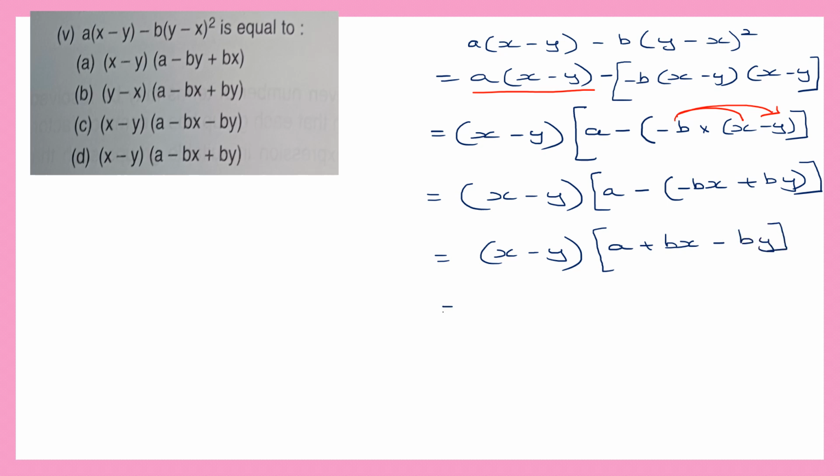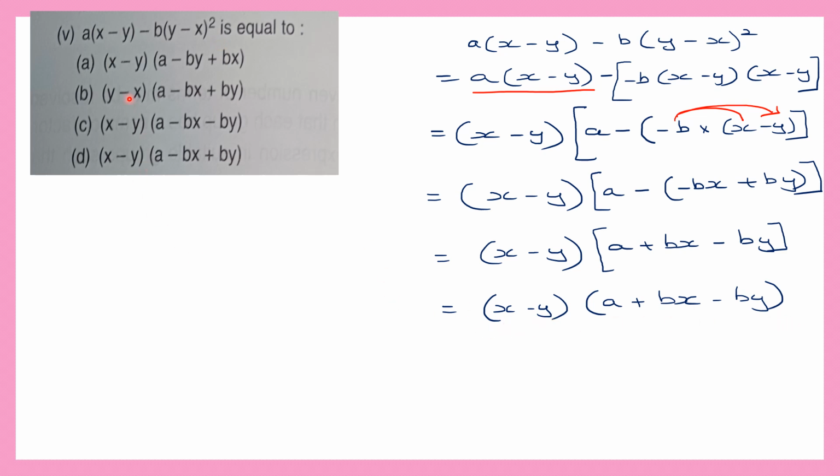So now let's write this as factors. So x minus y, and then here we have a plus bx minus by. So these are the two factors that will multiply to give us this final product, which is this. Now which option is that?